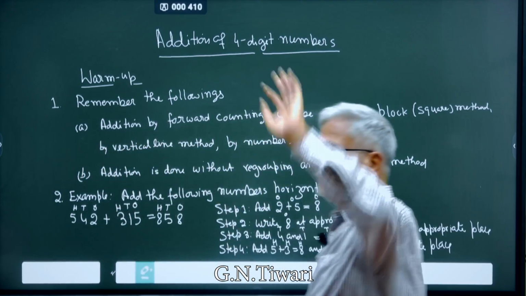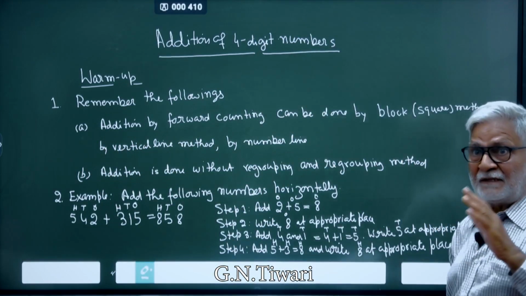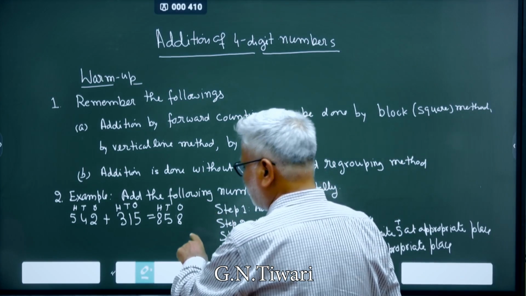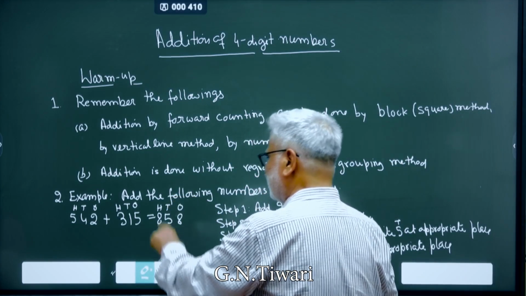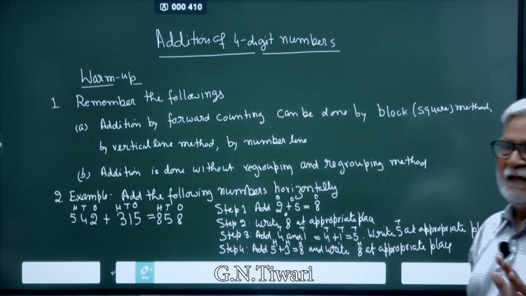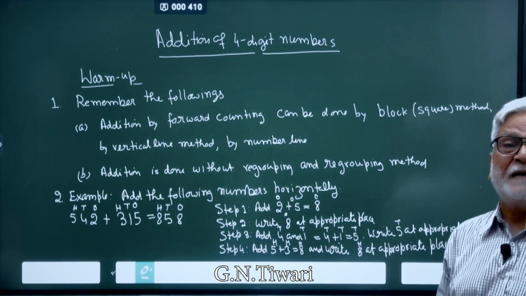Now here you have seen that the addition at ones, addition at tens, addition at H are independent. So this method is known as without regrouping.